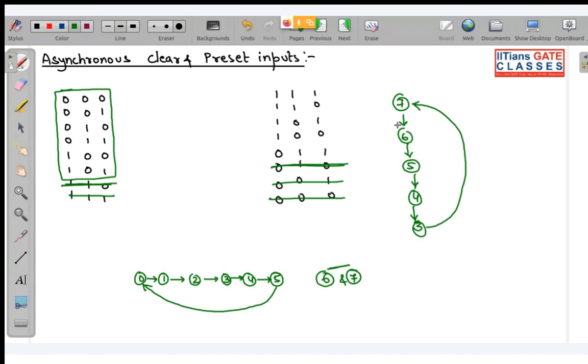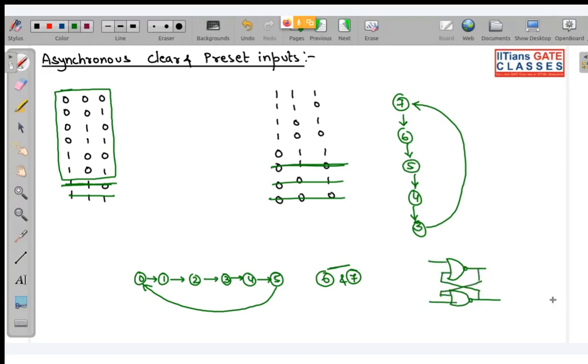So this is where we have asynchronous clear and preset input. When we started this chapter, we started with a simple latch that looked like this.